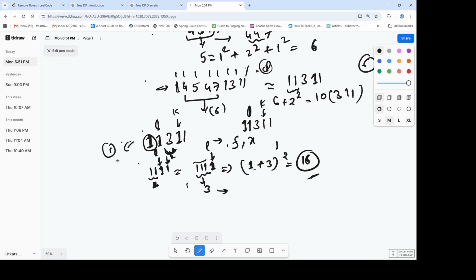So for tracking this, we will introduce one more state that we can name X, F, or anything. Initially our states were L, R, but for this problem our states will be L, R, and X. X is the carry that we are doing.